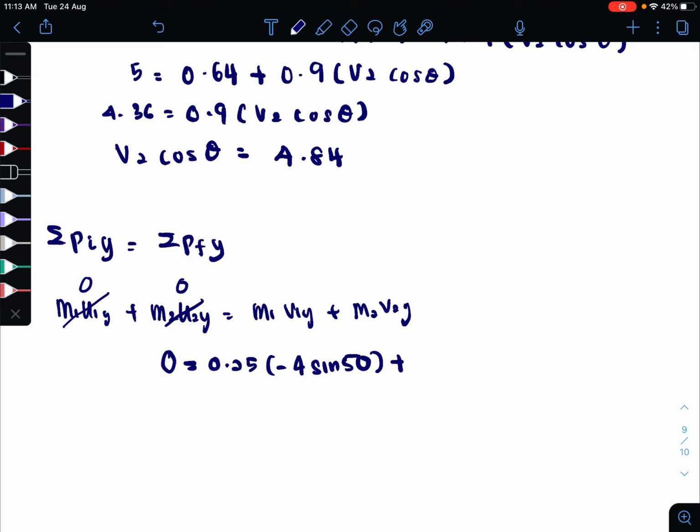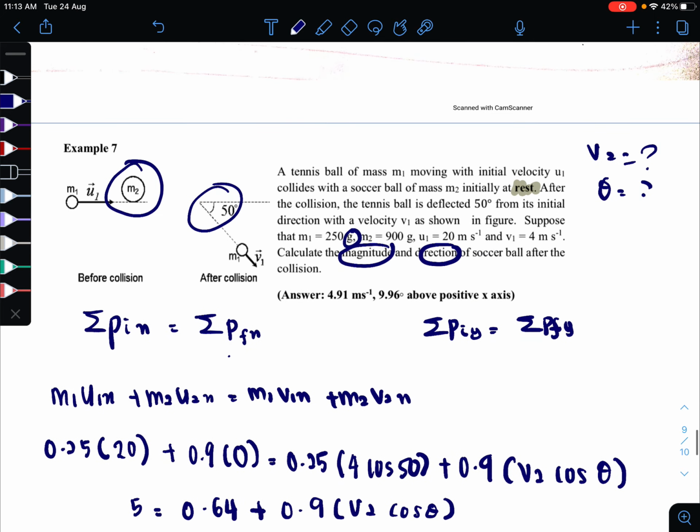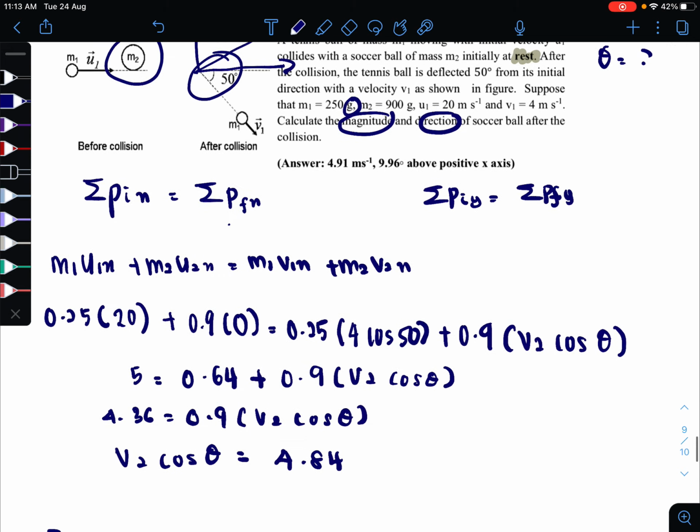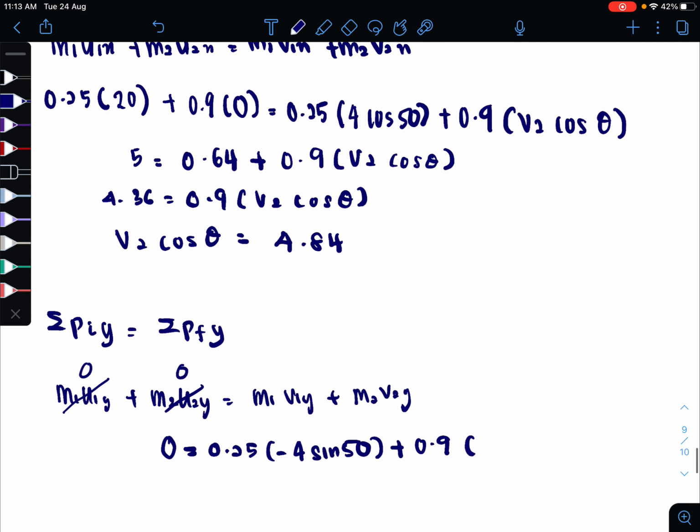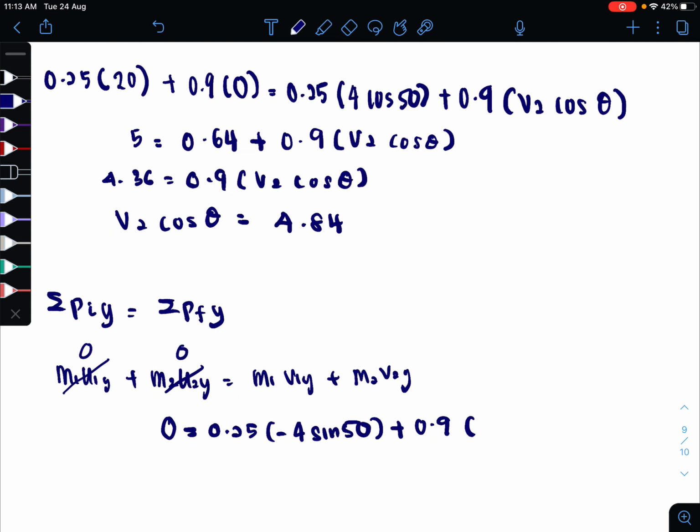Then we're going to plus with M2 adalah 0.9. V2 along Y, kita assume V2 tadi bergerak di sini, betul? We make an assumption. So kalau tadi V2X ke sini, maksudnya V2Y akan ke atas. Ini adalah assumption kita buat. If you were to get negative, jangan risau, maksudnya assumption kita salah, dia sedang turun ke bawah. So it doesn't matter. Alright, so kita akan dapat V2 sin theta dekat sini.